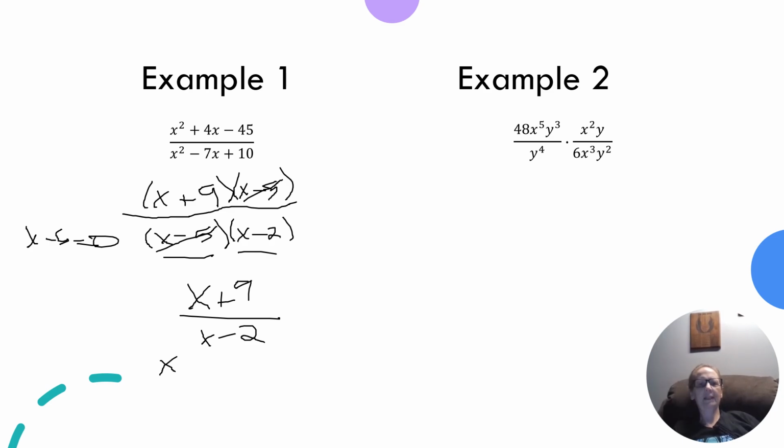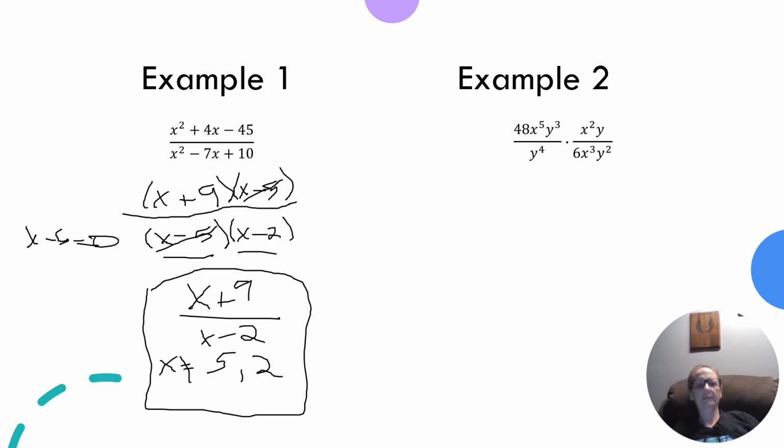So what makes x minus 5 equal 0 is x equals 5, so it can't equal 5. And then what makes x minus 2 equal 0 is 2, so it also cannot equal 2. So you can just write them with a comma like that. And that's basically the final answer. I mean, it is the final answer, and that's all there is to it.